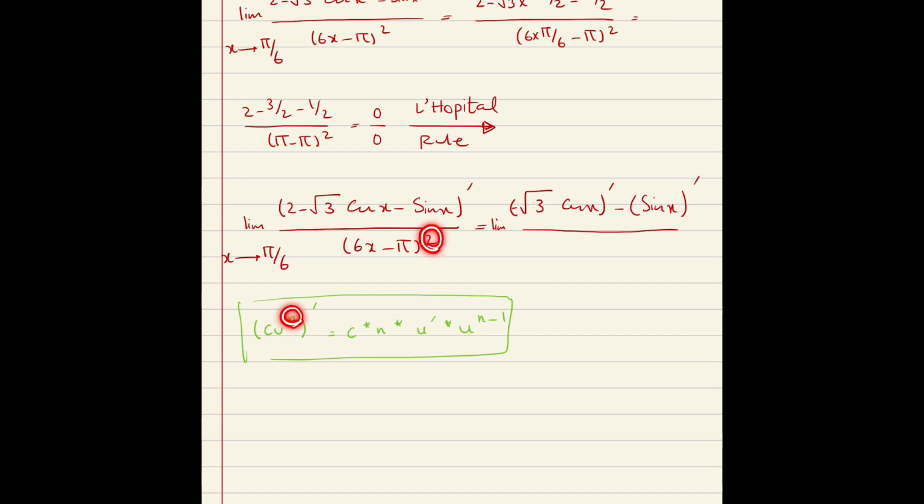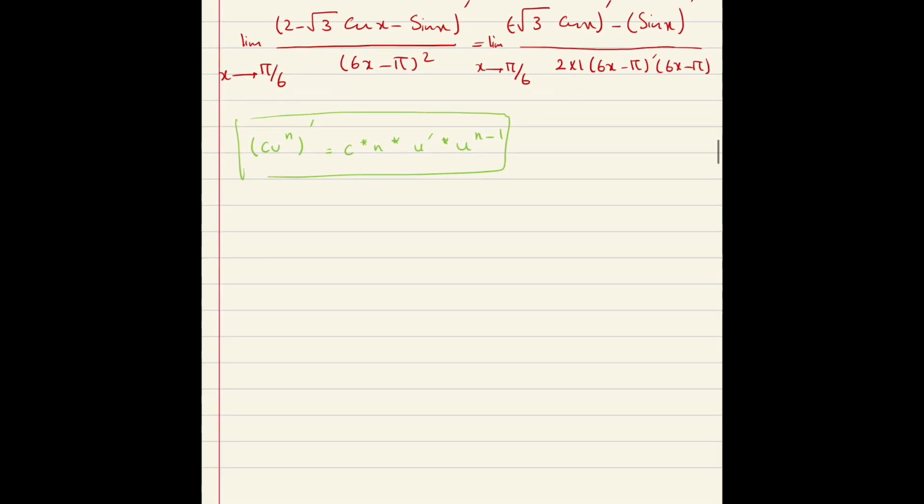So in here the n is equal to 2, the c is equal to 1, and the u is equal to 6x minus pi. So c times n, or 2 times 1 times (6x minus pi) prime times (6x minus pi) to the power 1, x approaching pi over 6.